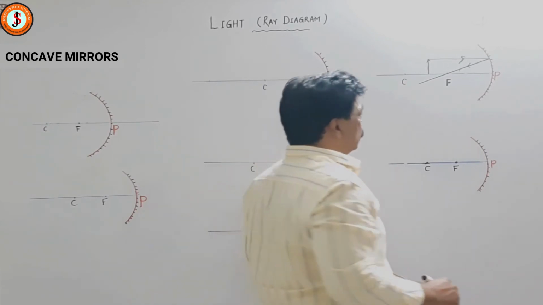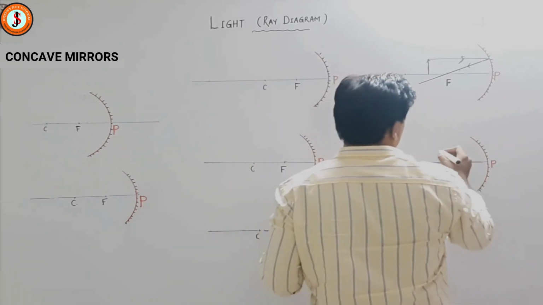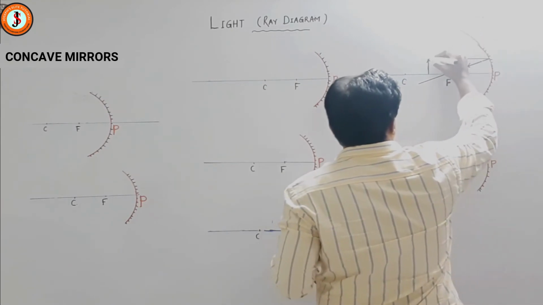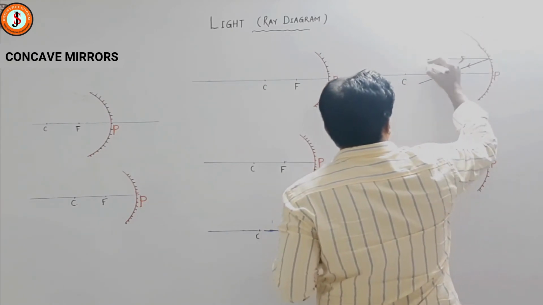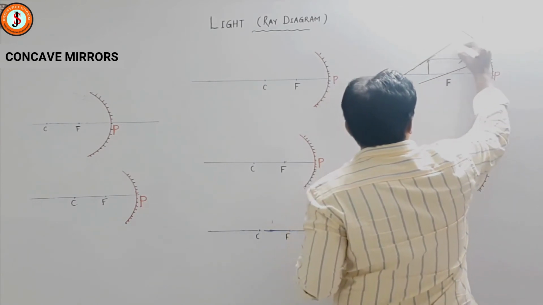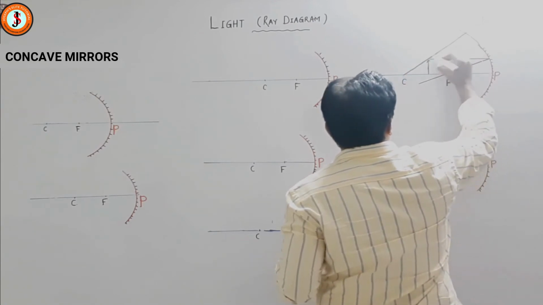Second, there are 2 things you have to know. Say for example a ray is passing such that in its line falls the center of curvature.